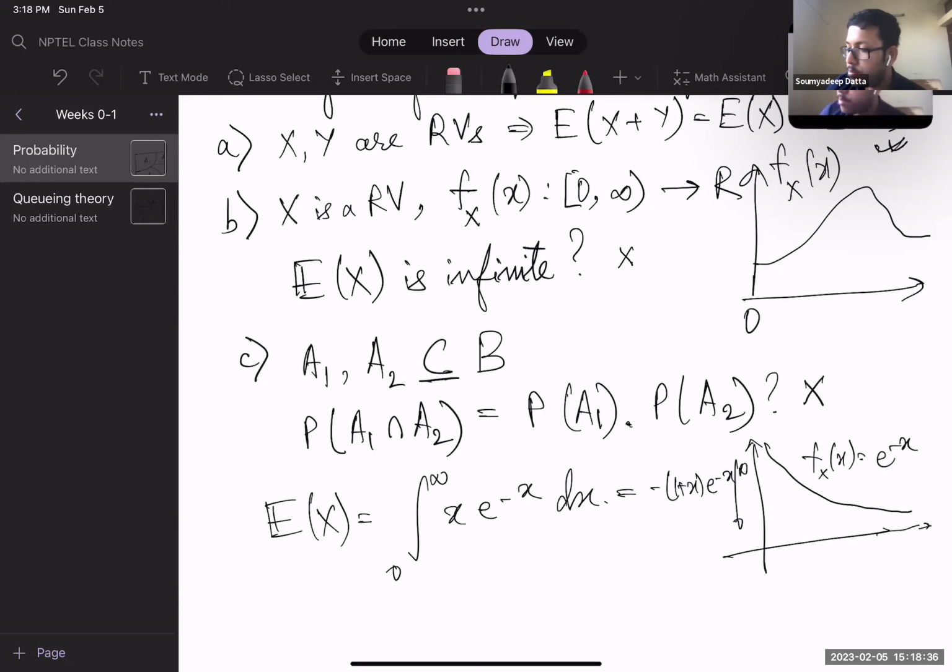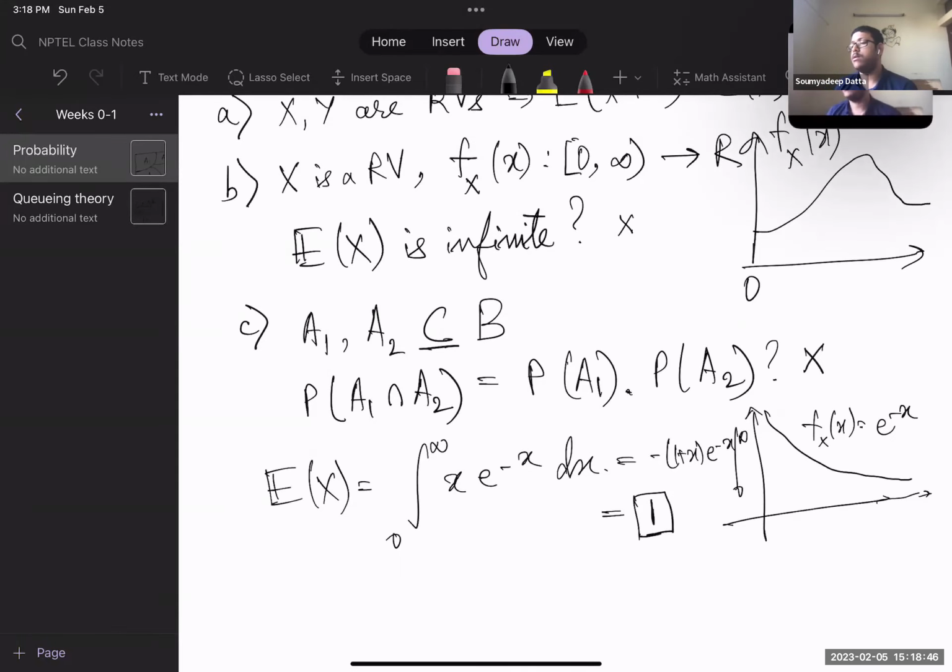Most likely the value comes out to be 1. You can check the calculation, but it comes out to be a finite value. So it is not necessary that expectation of x is infinite if the support set is infinite. Right? So that was kind of a quick refresher.